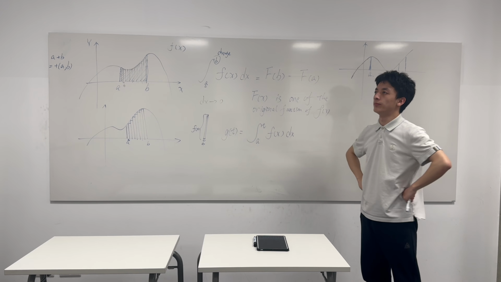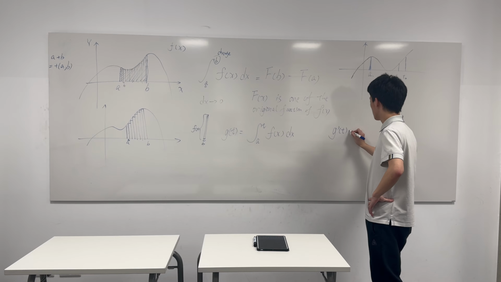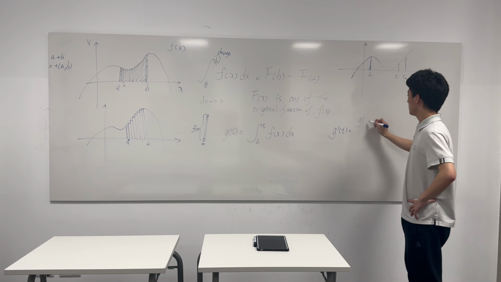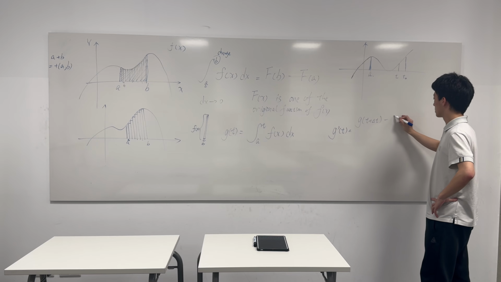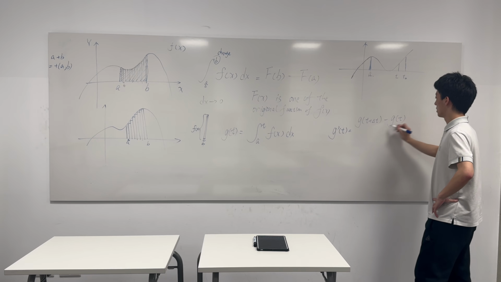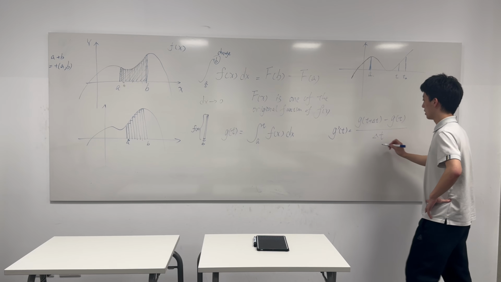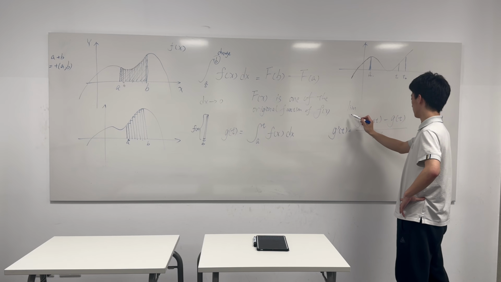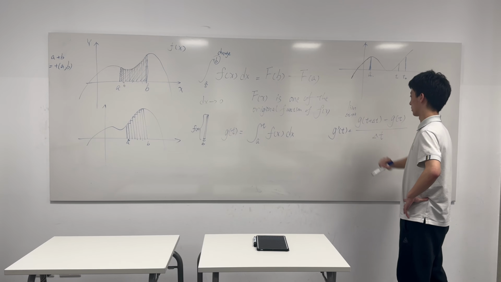According to the definition of derivative, we know that G'(t) is equal to G(t plus delta t) minus G(t), divided by delta t. However, here there's a limit, so delta t approaches 0.